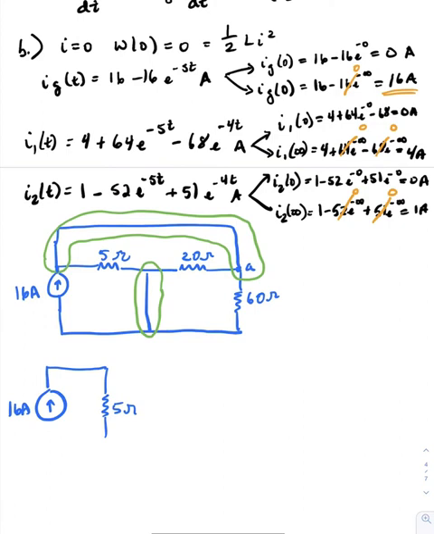And we're now at this point. We have our 20 ohm resistor here and our 60 ohm resistor here.